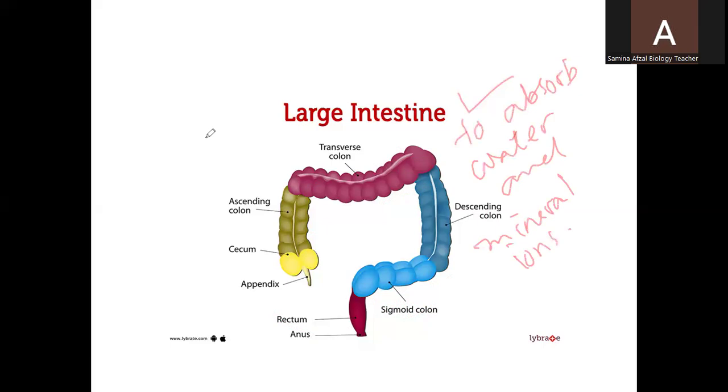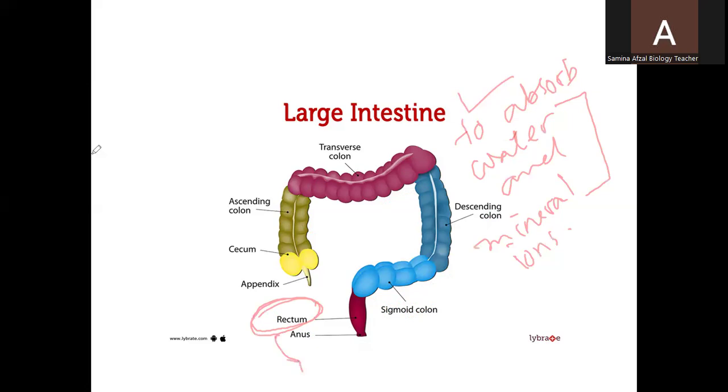It is not involved in any type of digestion or absorption of food. Only absorption of water and mineral ions takes place in the large intestine, and the undigested materials are stored in the rectum for some time, and then they are excreted out through the anus.